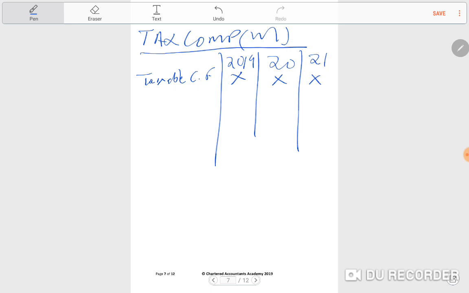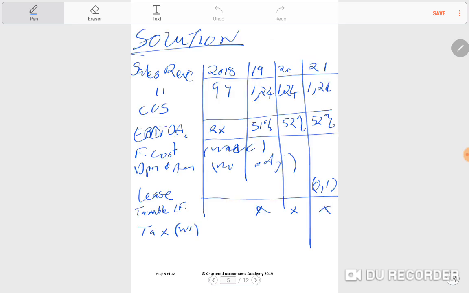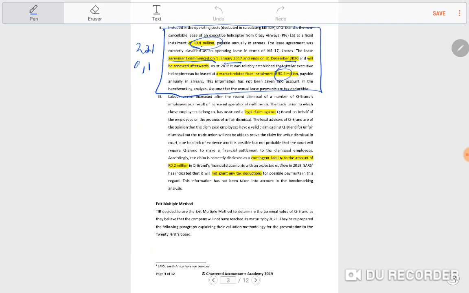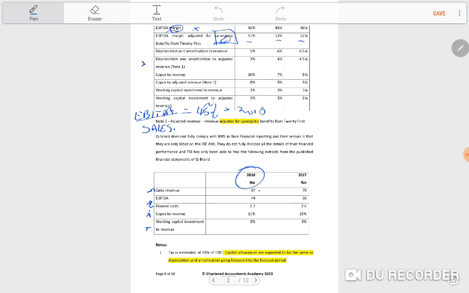And then, what are we going to adjust for on our tax cash flows? If we go back to our scenario, we can see that there is a note. Where is that note now? Okay, tax is estimated at 28%. That's very important. So we know the tax rate we're going to be using is 28%.